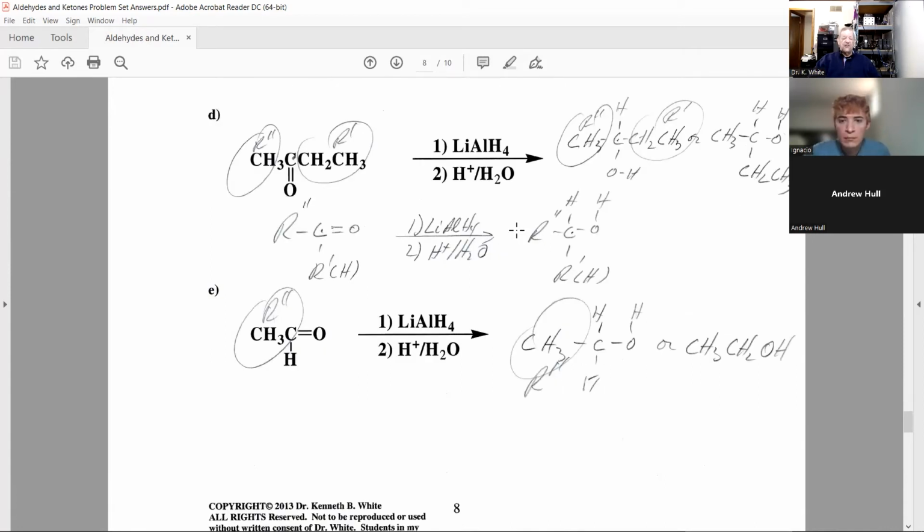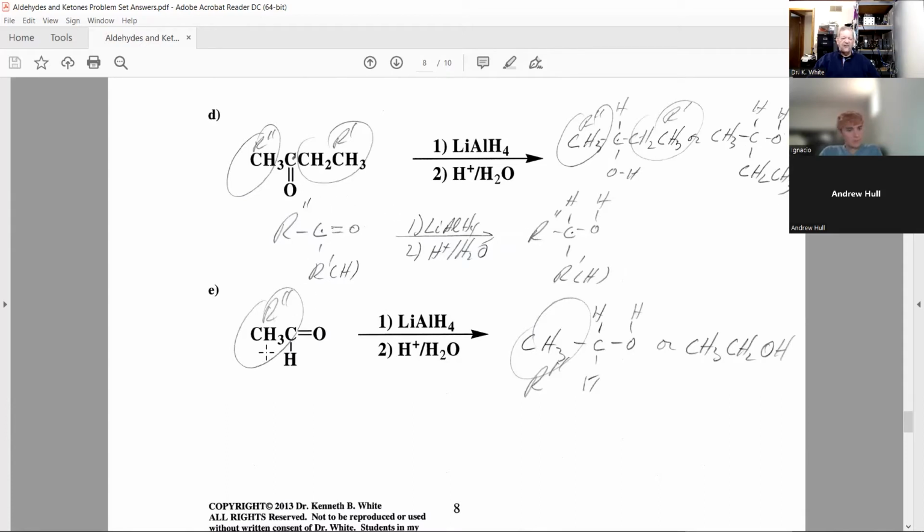Now, similarly, if you have an aldehyde or ketone reacted with lithium aluminum hydride, LiAlH4, second step acid and water, you get the same reaction. You break the pi bond, and each atom of the carbonyl group, carbon double bond oxygen, gets a hydrogen. Do you break carbon-carbon single bonds?